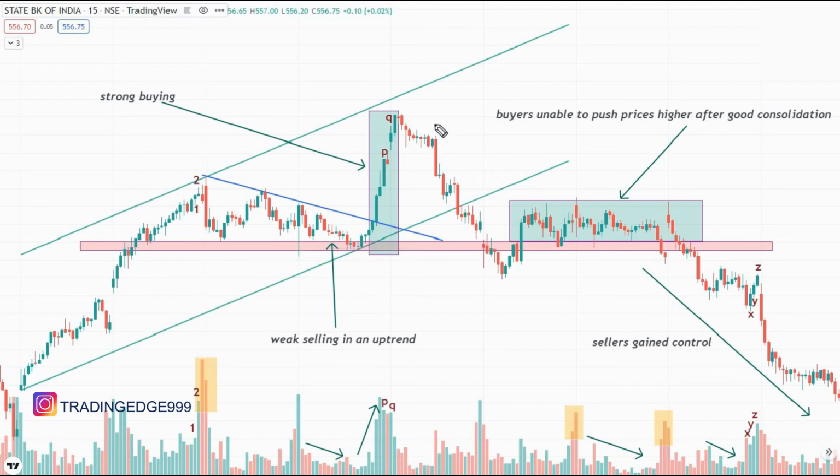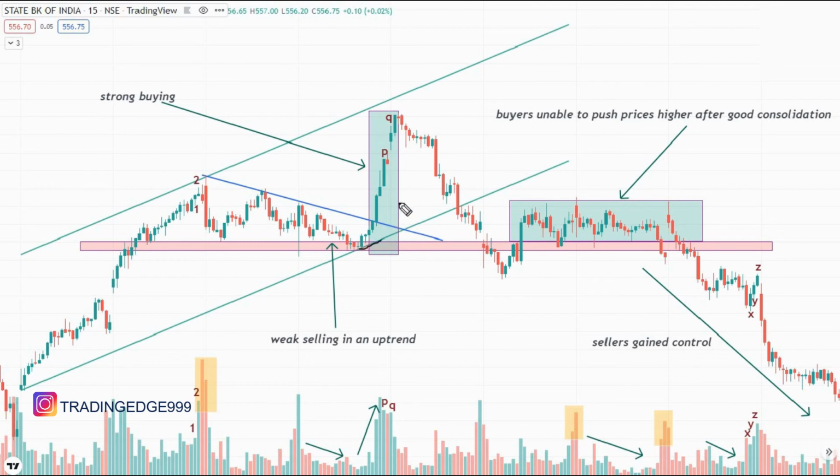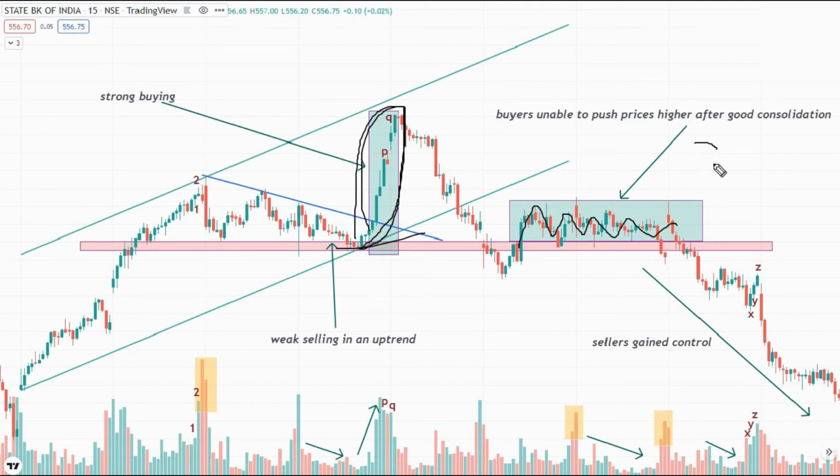Now what happened? After the strong selling momentum, again buyers tried to push the prices towards the upside, but prices are now just consolidating in this range. So if buyers are very strong, then again they should have pushed the prices towards the upside aggressively, because earlier from the same level prices shoot up aggressively towards the upside, but now prices are consolidating, which is an indication that supply is stronger than the demand side.